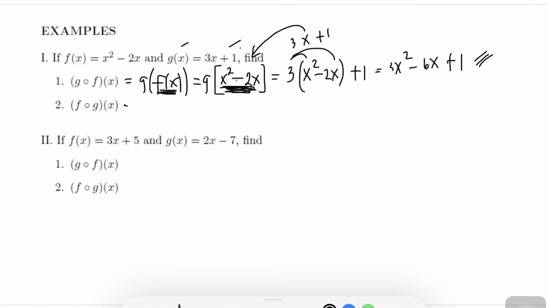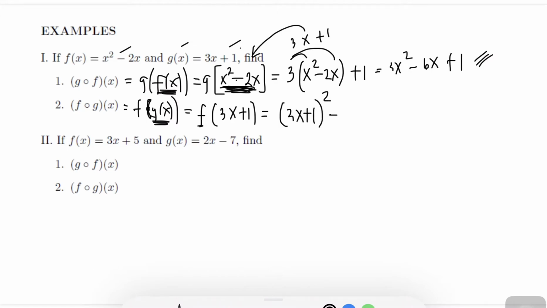Now for number 2, how about we interchange them? So f of g of x, meaning we'll start with g of x. What is g of x? 3x plus 1. Since f, we use this. So our x now will be 3x plus 1 squared minus 2 times 3x plus 1.